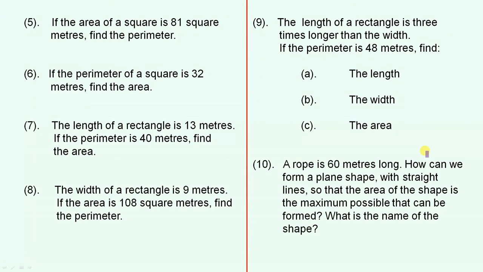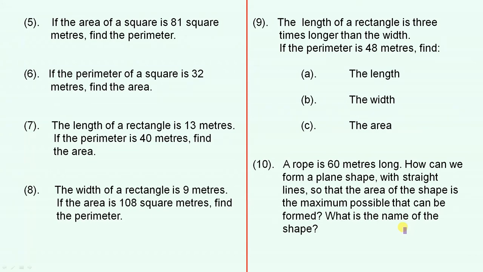This is a very interesting and challenging problem, but I thought I would put it in because it'll definitely create a lot of interest. A rope is 60 meters long. How can we form a plane shape with straight lines so that the area of the shape is the maximum possible that can be formed?